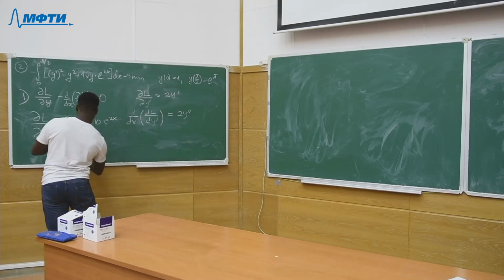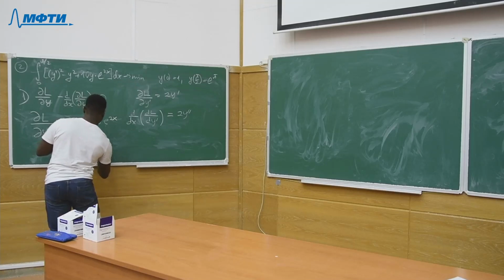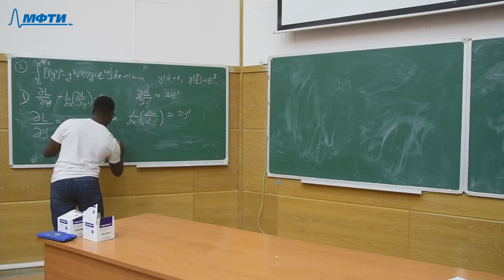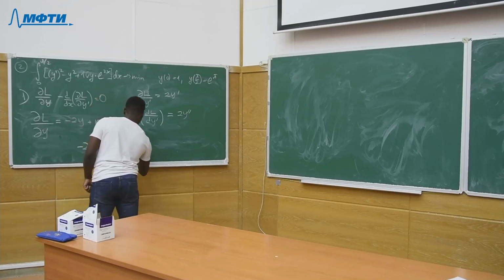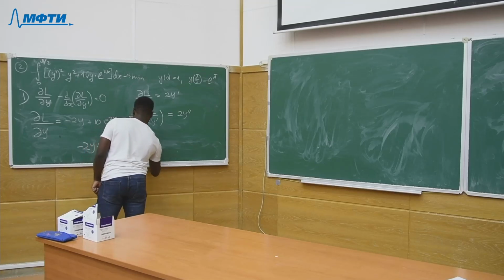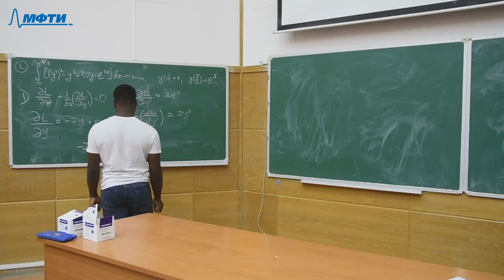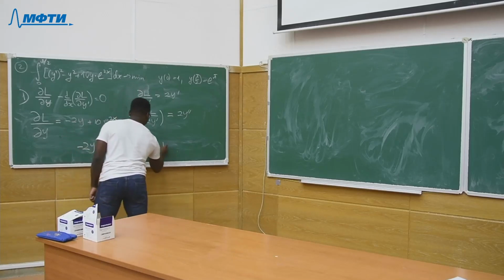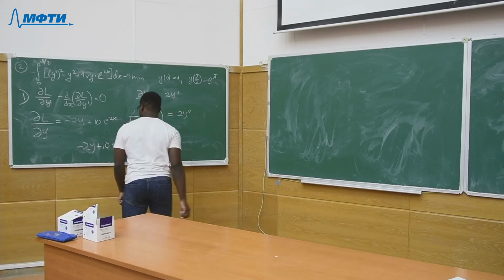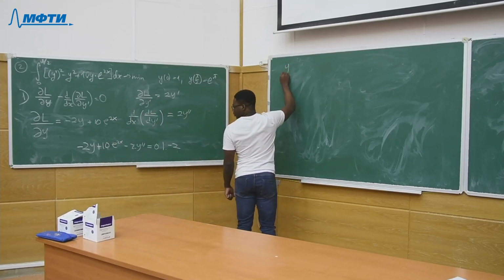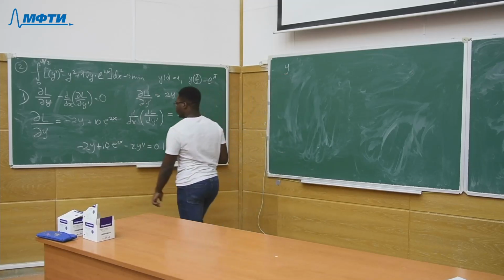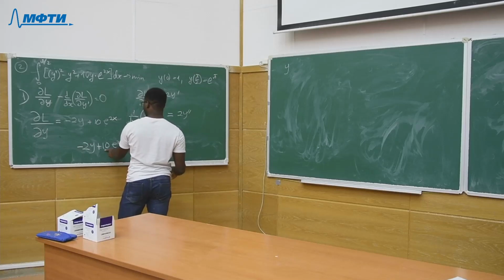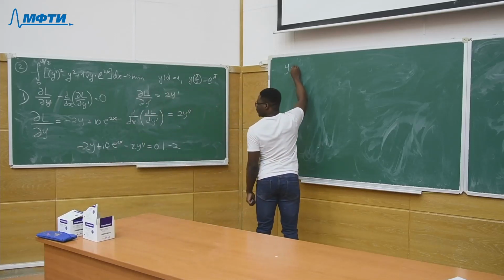Minus, then divide, of course, divide by negative 2. Actually, this is my negative 2, so we can divide by negative 2. Minus 2, we can divide, it will be 5.